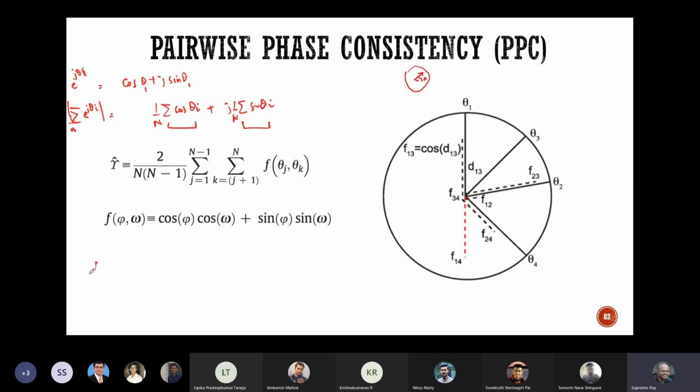What is that? So 1 by n square comes here. And now it's the sum of cos theta i squared plus the sum of sine theta i squared, root of this. This is my PLV.